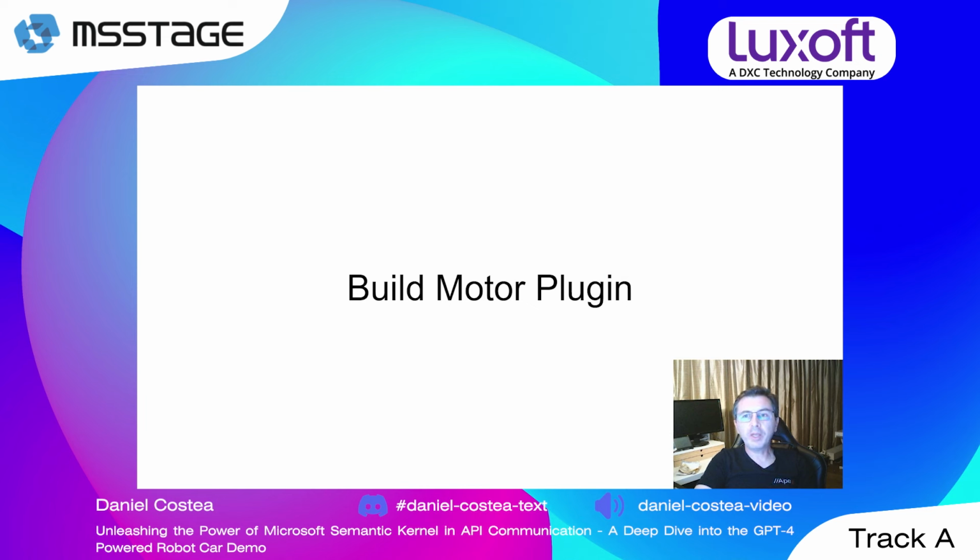Now, let's build a motor plugin that I'm using in the demo that follows. The purpose of this is to build a semantic interface over a car robot API, the traditional API, which is capable of basic movements like going forward, going backward, turning left, turning right, and stop.